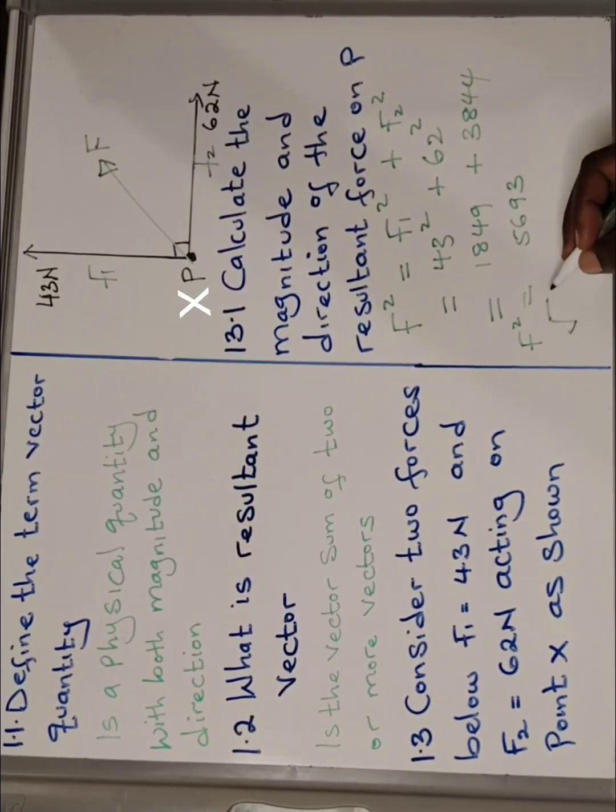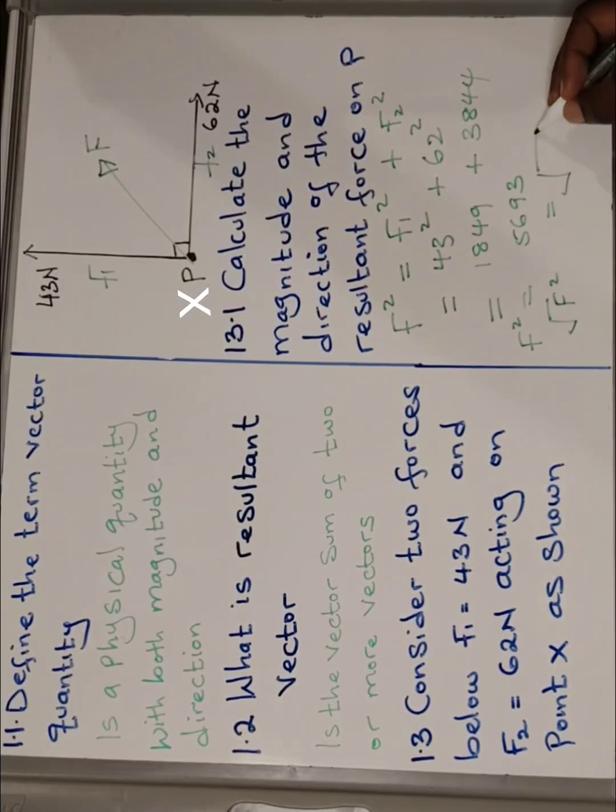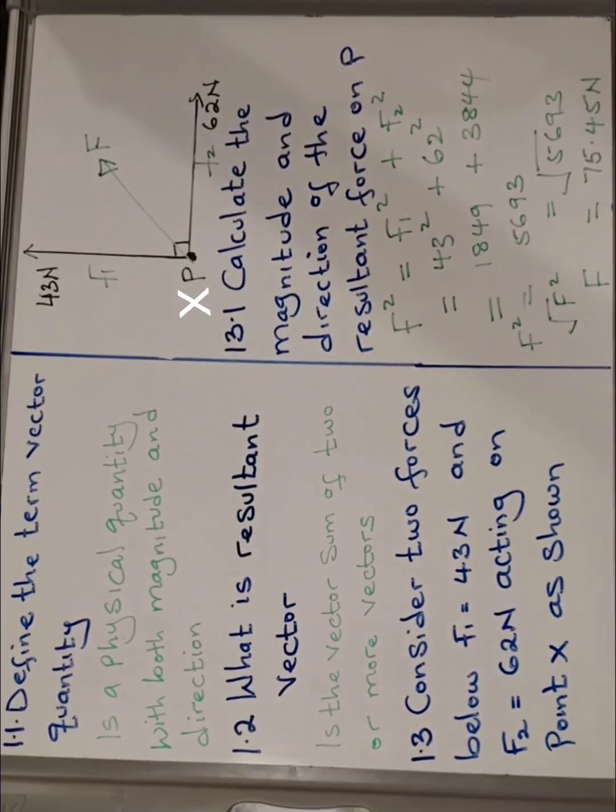So we find the square root of F squared, and we find the square root of 5,693. From there, you know that the square root of any square number is that number. So what we have here is F. And that's what we get.